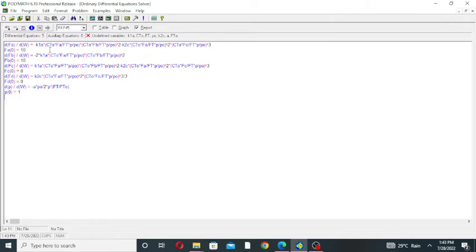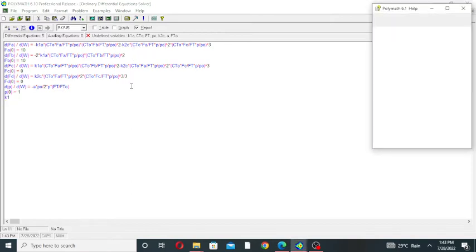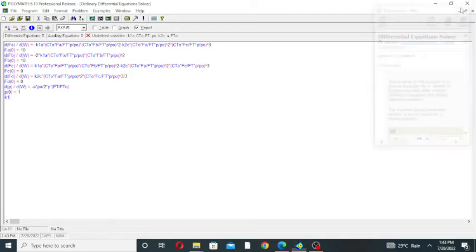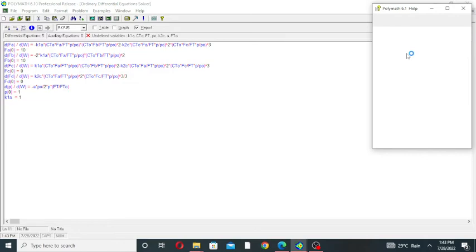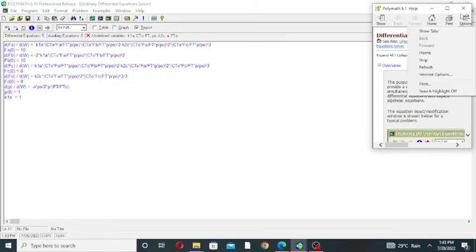Now there are undefined variables. K1A value is given to us, and it is 100.